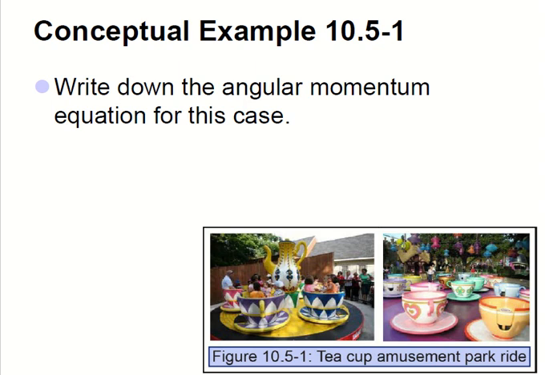Now you're going to write down the angular momentum equation. For that case, it is going to be just that, because we're not considering the base anymore. We're just considering the spinning teacup, so it is going to be the mass inertia times the angular velocity.